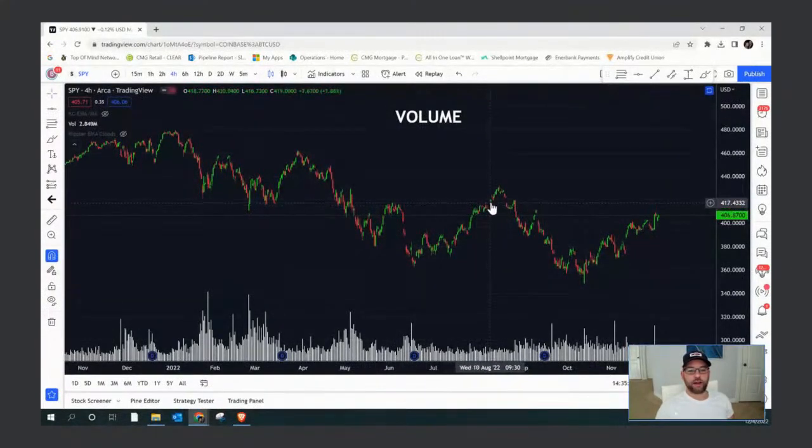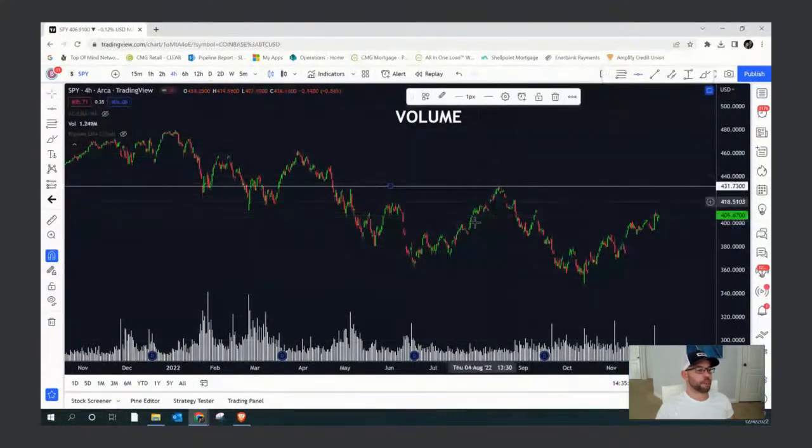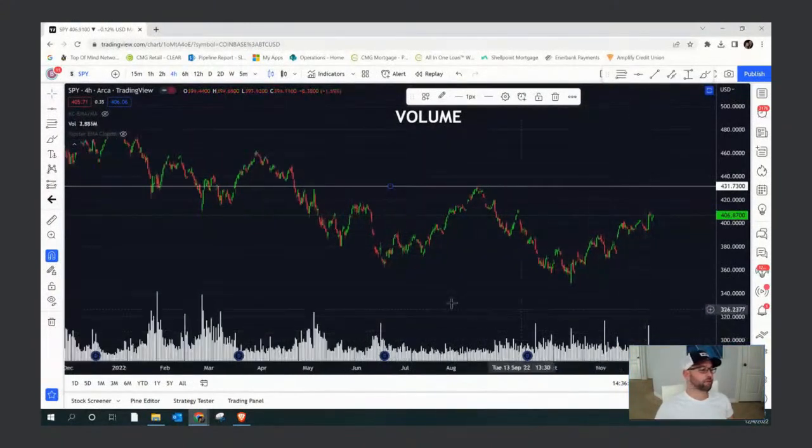You broke above that, but then you failed very shortly after right here. So you had a failure right there. And then look, as you start coming down, volume starts going back up as people realize that was a trap. But then what we're seeing here on this move to the upside is we've got some pretty good volume in here. These are good volume candles, right?